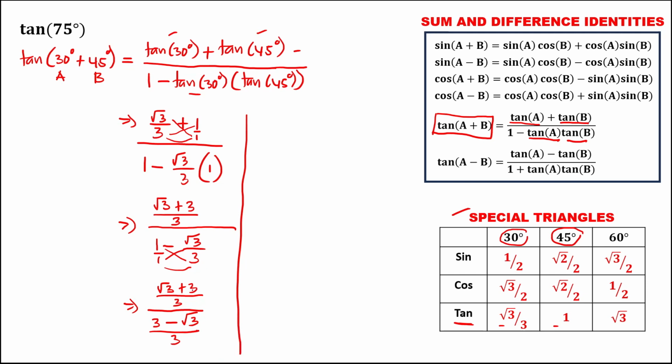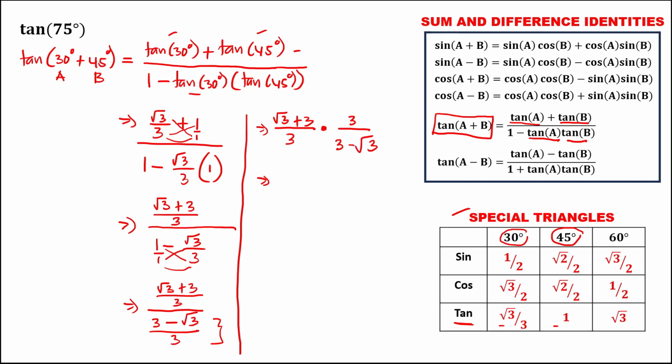Then take the reciprocal of this denominator, so this becomes square root of 3 plus 3 over 3, times the reciprocal of the denominator. So 3 minus square root of 3 over 3 becomes 3 over 3 minus square root of 3.